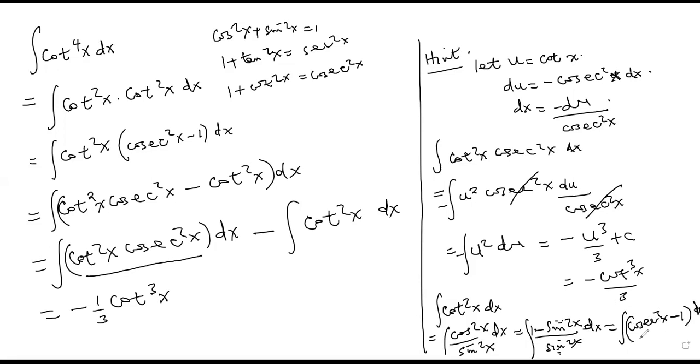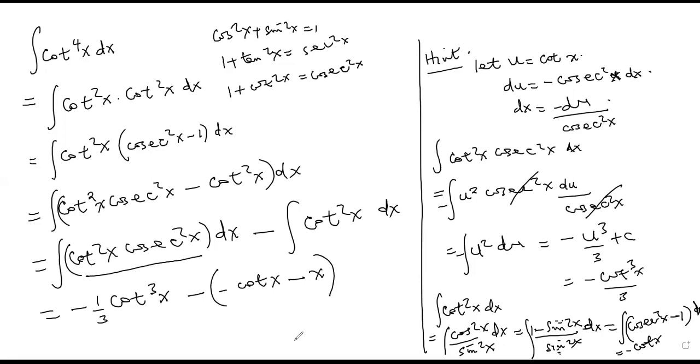Now, when you integrate cosec squared, from the summary I gave you, we get negative cot x. So that here we shall have minus negative cot x. Then when you integrate 1, you get x.